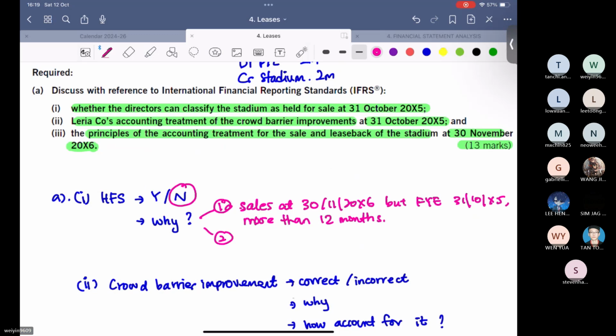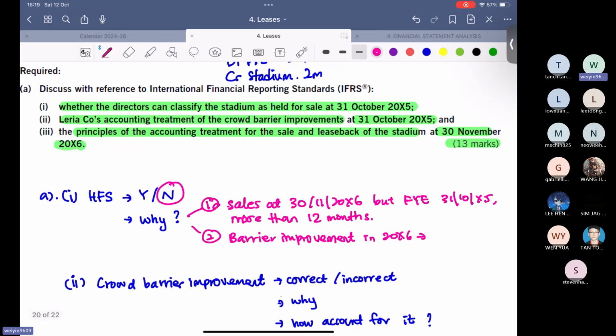Number two, because you have the barrier improvement to be made in 20X6, meaning that immediate sale in the present condition is not satisfied.